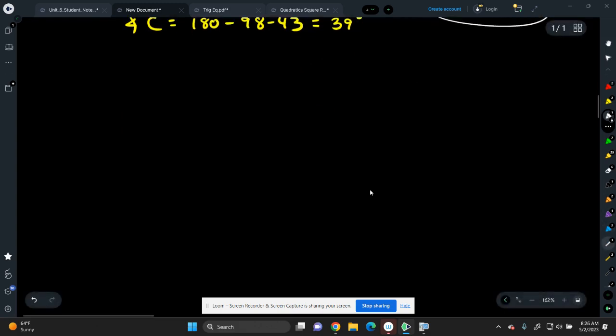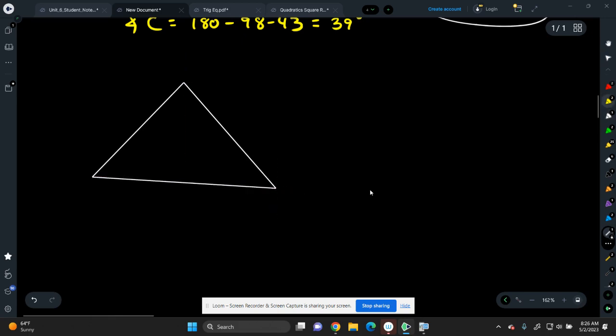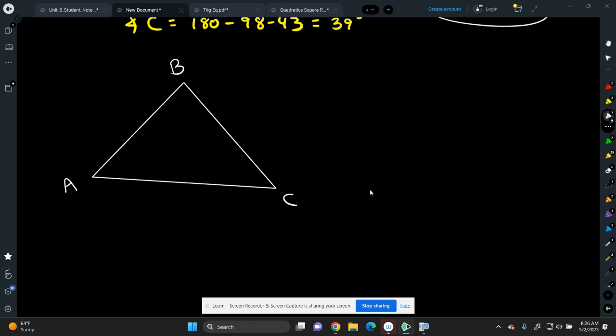Let's look at another triangle here. Okay, so this time we've got side A is 22 inches.